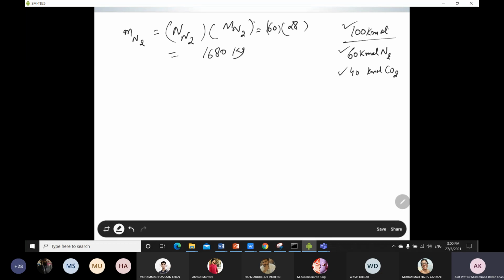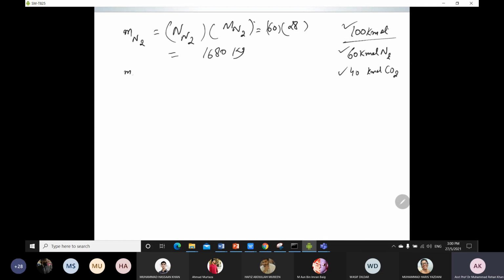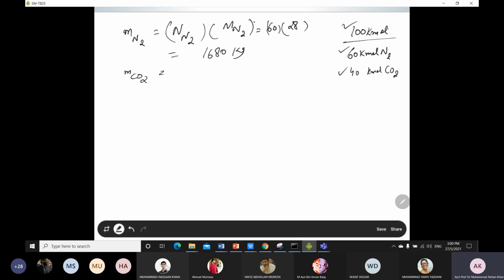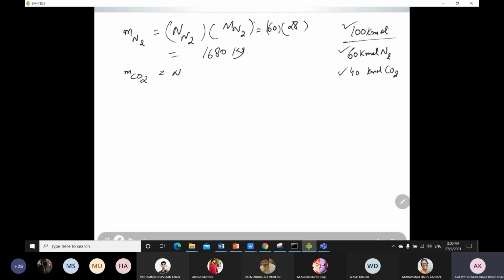In a similar way, you have to find the mass of CO2, which is number of moles of CO2 times the molar mass of CO2.